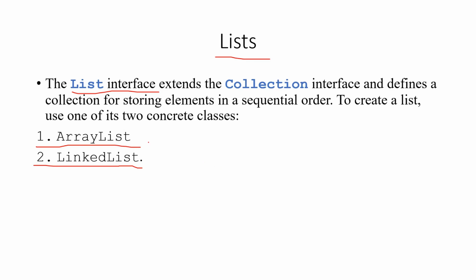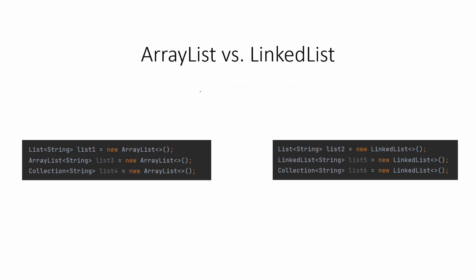You can just add elements on the way. Both of them provide the same methods and the same behavior, but the implementation inside of the array list and linked list is different.